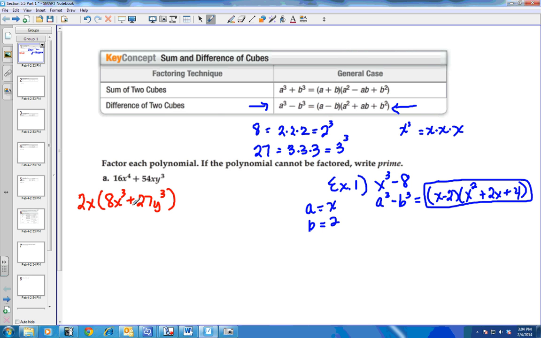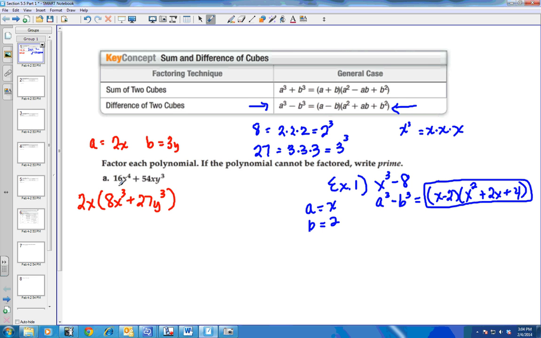Well, this is the sum of two cubes because 8x cubed, that's 2x times 2x times 2x. That's what my a is. 27, we said over here, was 3 cubed. So my b is 3y.